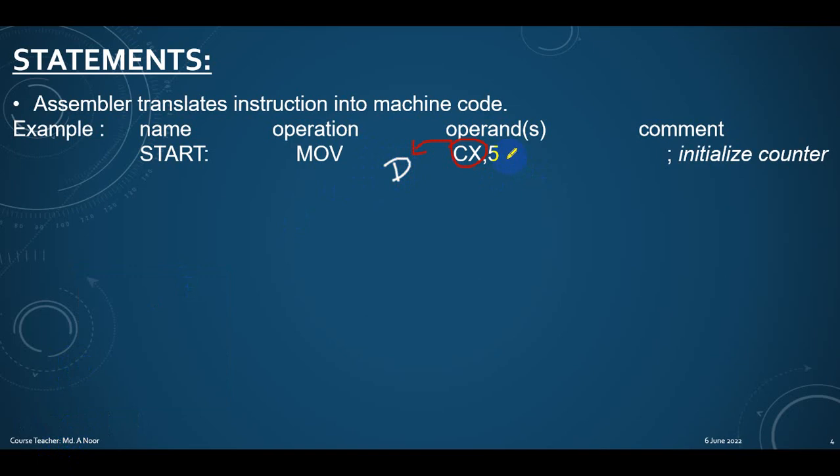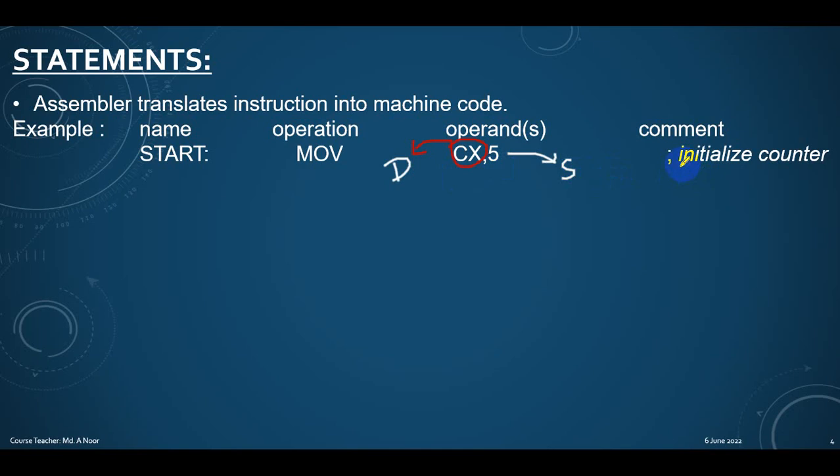And the second operand is called the source. S for source. So in the move operation, the source data will go to the destination. The last one is the comment. It starts with a semicolon. Comment is not part of the instruction, but it is a very good programming practice to write comments.